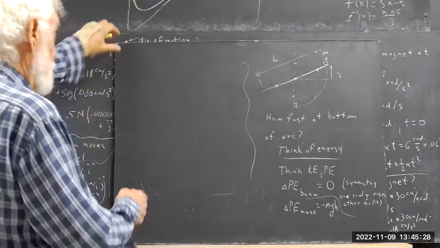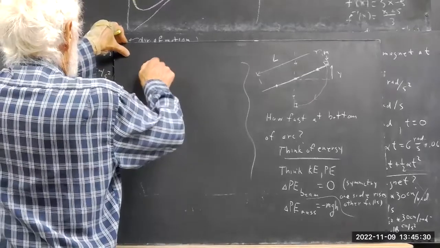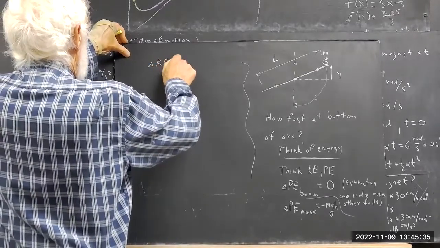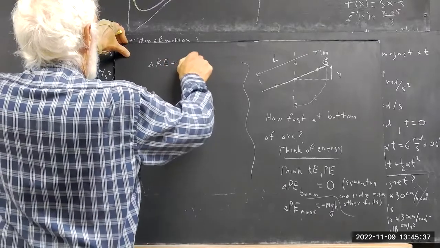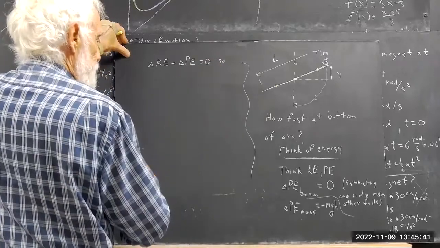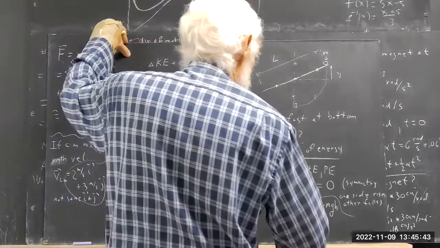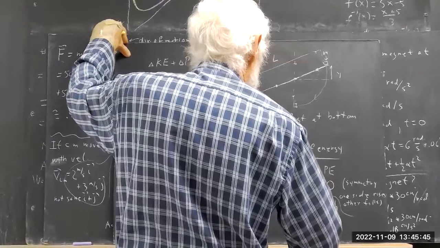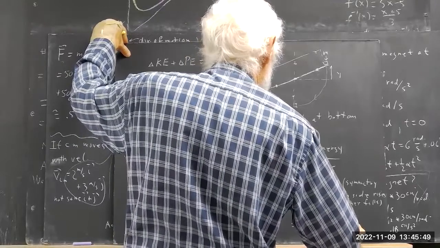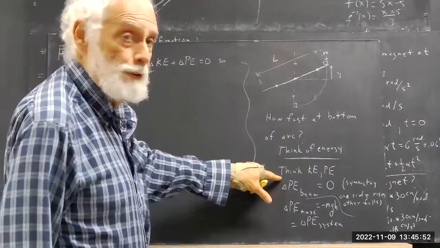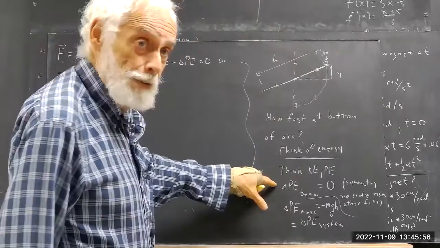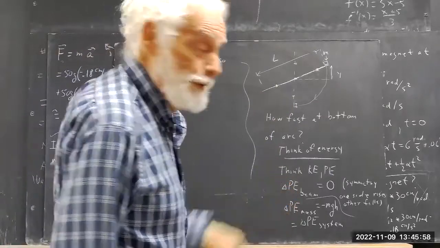Well, now we know that delta K is the system. And this is the delta PE of the system, since the delta PE of the beam is 0. Delta PE of the system is delta PE of the beam plus this one, which is just this one in this case.